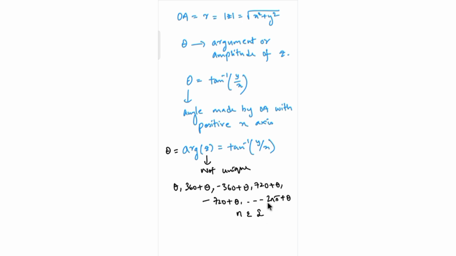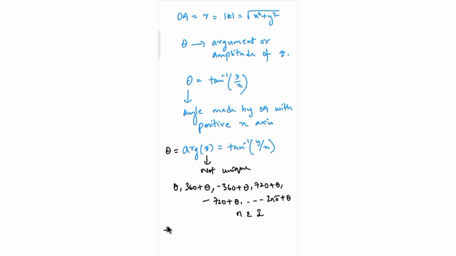You can take n equal to minus 1 or plus 1, minus 2 or plus 2, anything, and you will find the same value of the argument of z. So we come to the conclusion that the argument of a complex number is not unique, because if theta is the value of our argument, then 2n pi plus theta will also be the same argument.